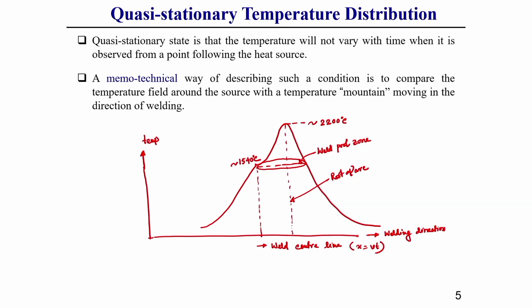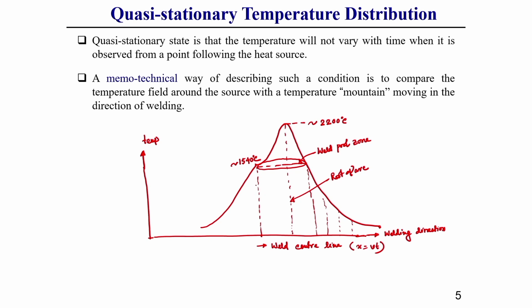Now, just after that you see, due to heat conduction ahead of the welding there will be some temperature, but after a certain distance ahead of the molten pool, your temperature will be room temperature. Here I have drawn this as your room temperature.